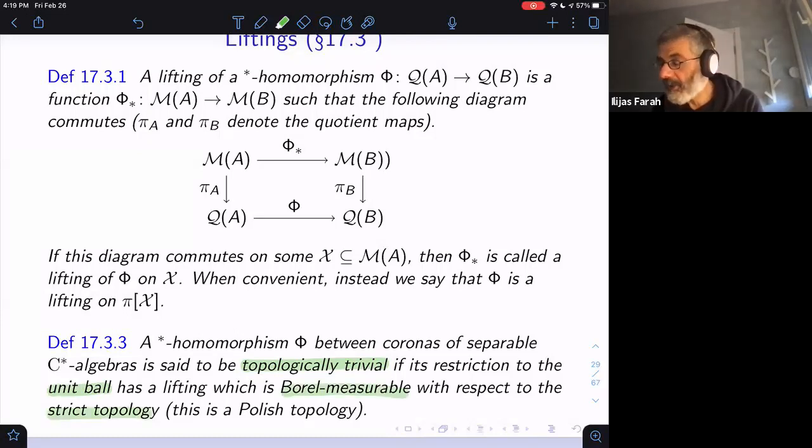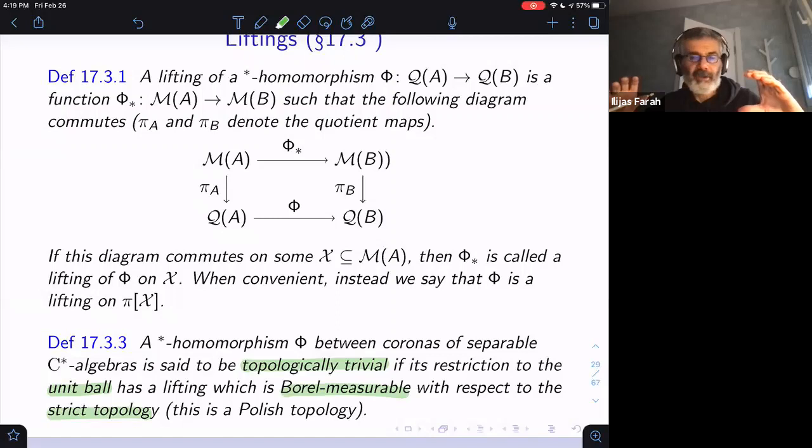Now, the point here is that if you look at the unit ball of the multiplier algebra of a separable C*-algebra, the strict topology is metrizable, separable, and completely metrizable.